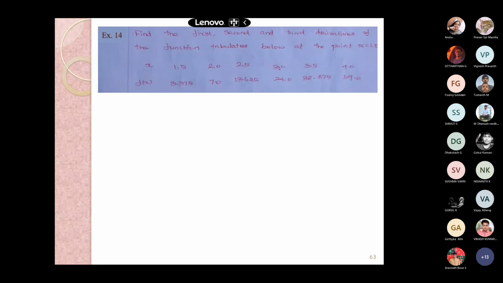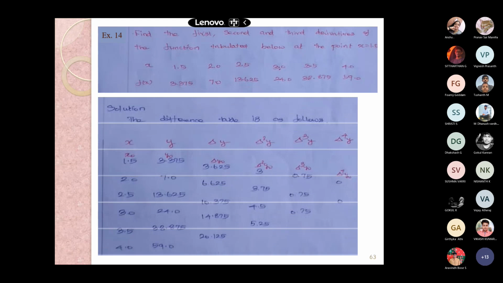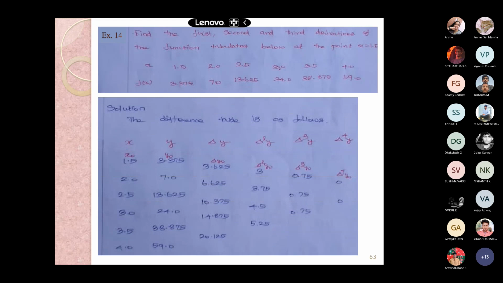Yes. We need to find the value of the first, second and third derivative, and this is the data. For 1.5 it is 3.375, and it continues. When x is equal to 4, f of x is equal to 59, and the difference table is detailed.